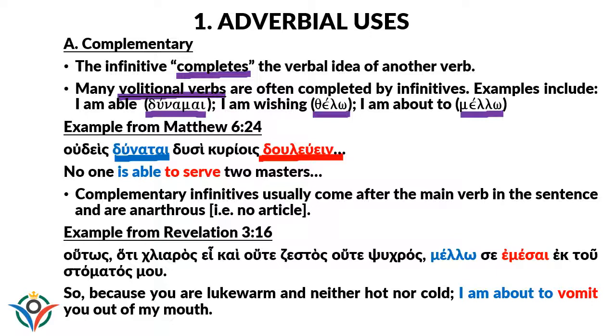So, because you are lukewarm and neither hot nor cold, John writes, mellō, volitional verb, I am about to, and then it's completed by a complementary infinitive, emesai, to vomit you out of my mouth. This is quite a common use of the infinitive, the complementary. Think of it completing the verbal idea of a volitional verb.